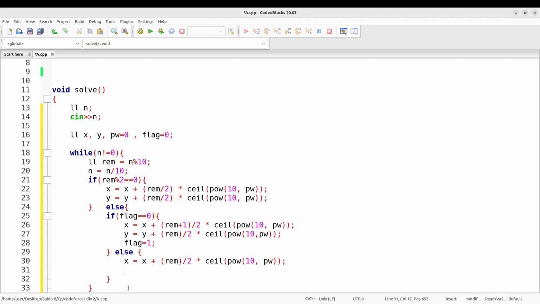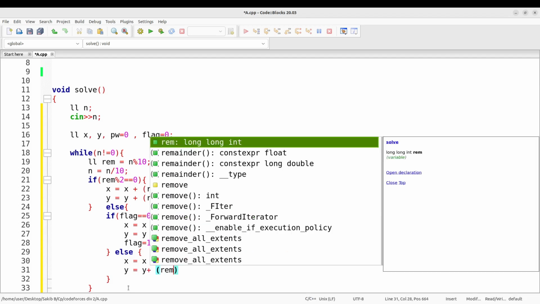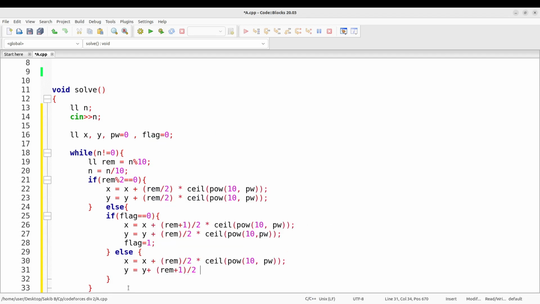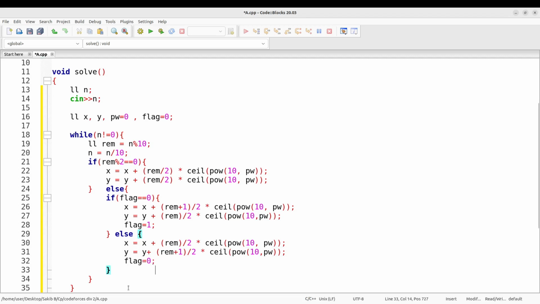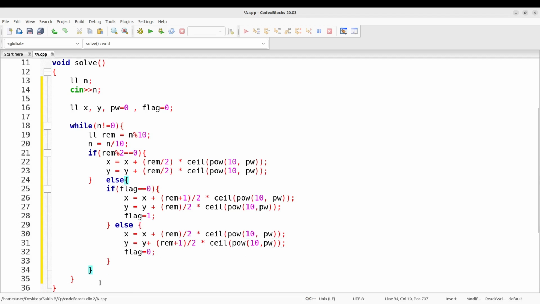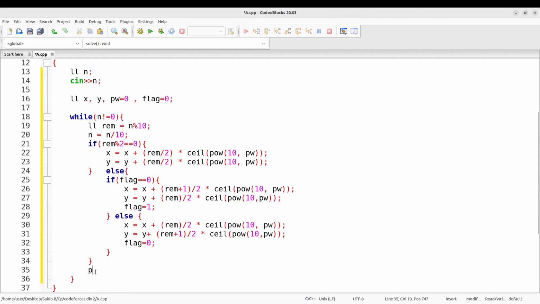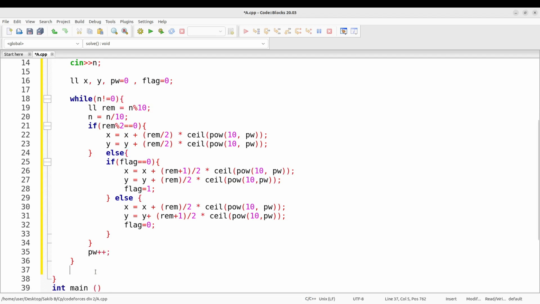For y we use digit plus 1 divided by 2, that means rem plus 1 divided by 2 into pow 10, and now we set flag equal to 0 for the next time an odd remainder appears. At last we increase the pow, and lastly we print x and y as output.